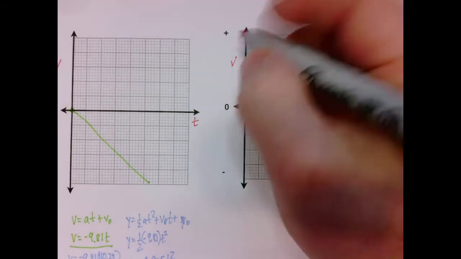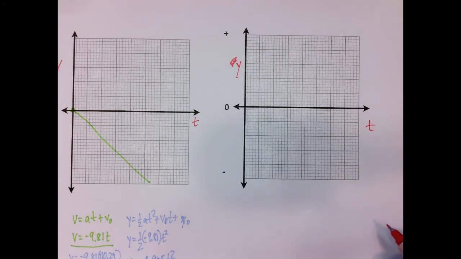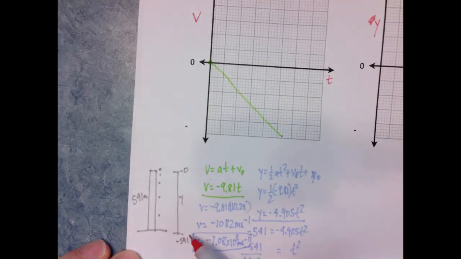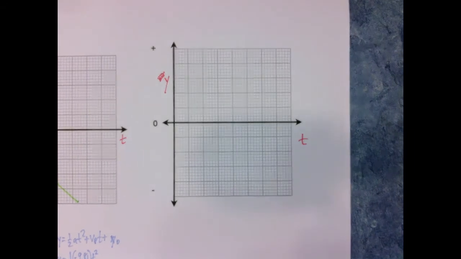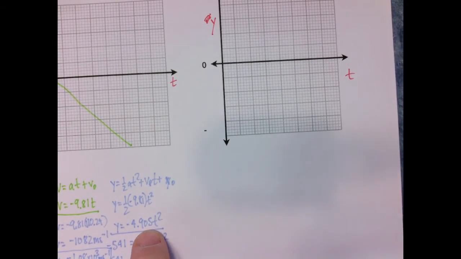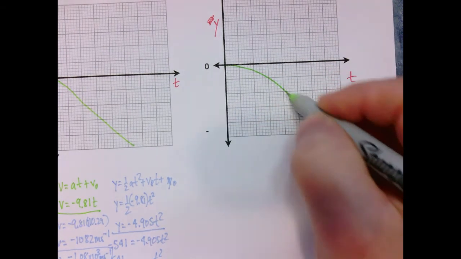Over here, we have our y versus t. Now, in our coordinate system, we started at 0, and it's going to end up at minus 541. And our model, which is negative 4.905 t squared, is a downward cupped parabola. So it looks like this.